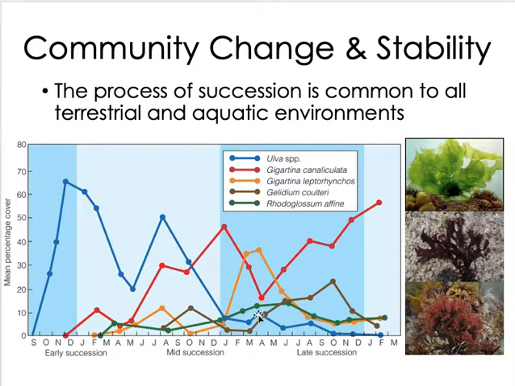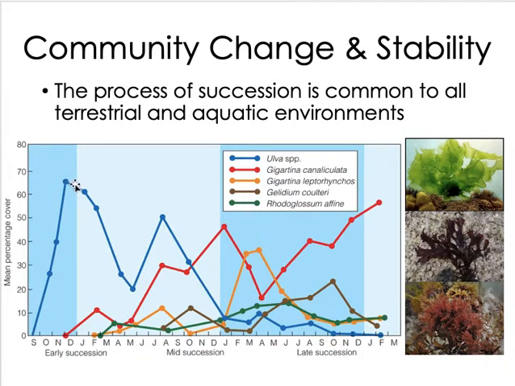So for example, this graph here is the succession of a particular aquatic community with different populations of algae: green, brown, and red algae. As you can see, the first organisms that existed in that aquatic environment in early succession, mataas ang population ng Ulva. This is Ulva.